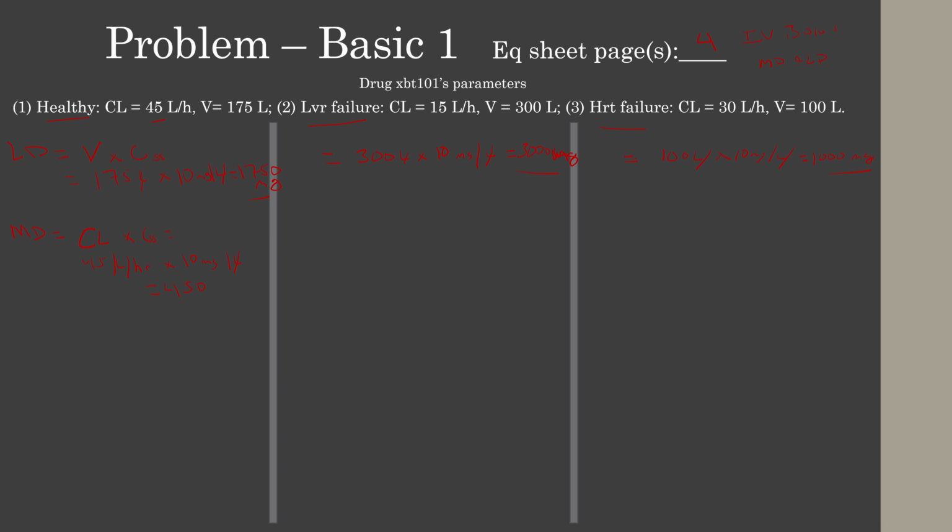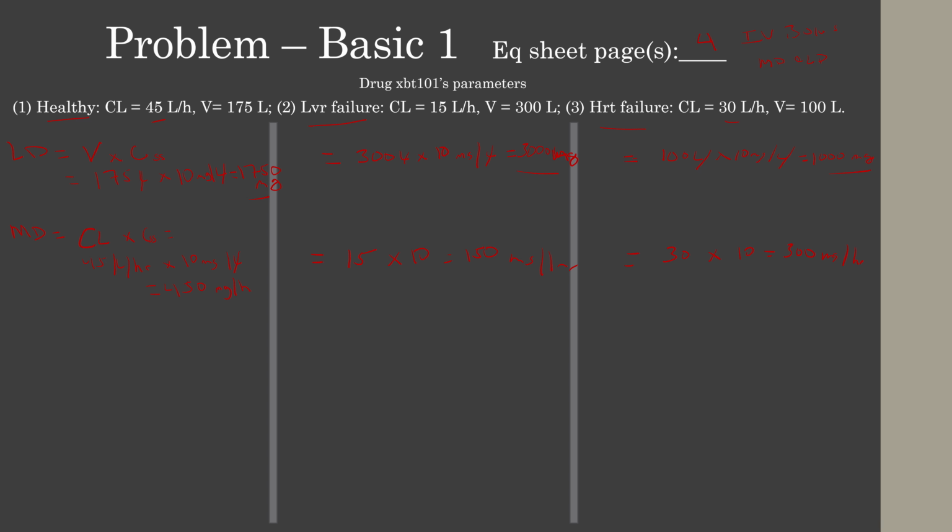It's just multiplied by 10, so it's pretty straightforward. Milligrams per hour. If we do the same thing here, I won't do all the units this time, but it's going to be 15 times 10. So 150. And this one's going to be 30 times 10. 300. Milligrams per hour, and milligrams per hour.